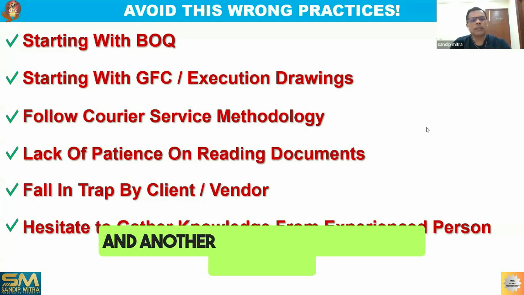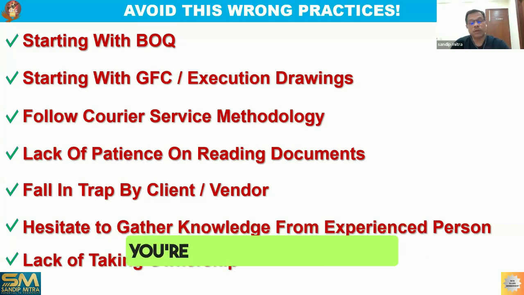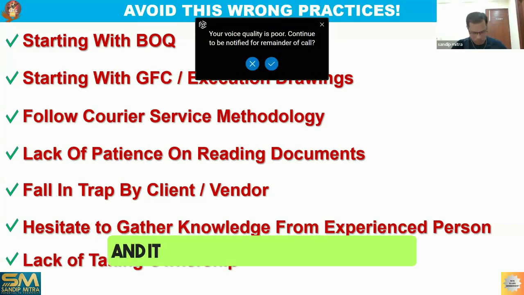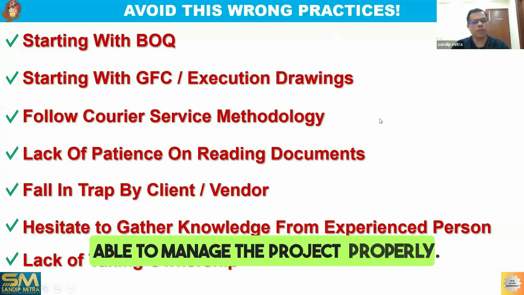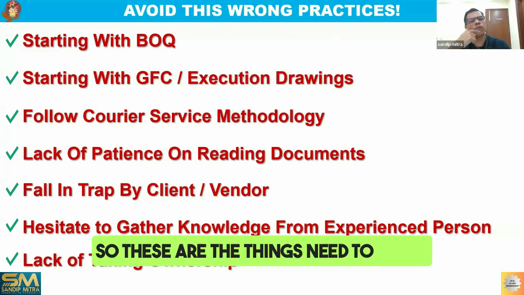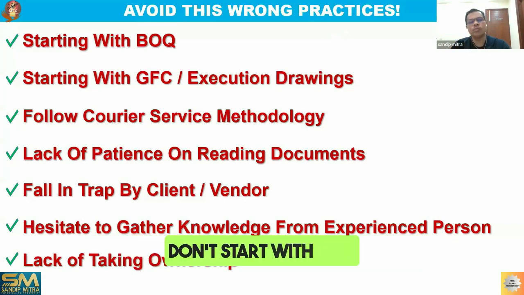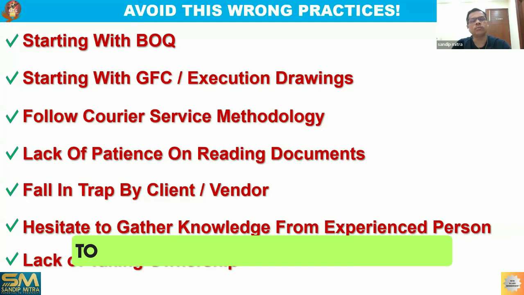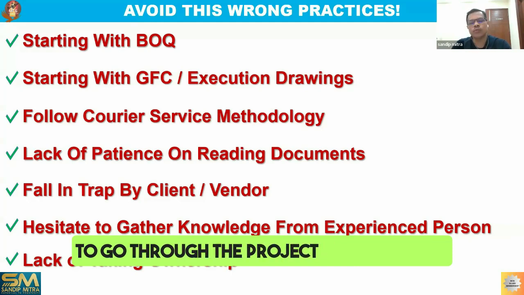And another thing to avoid is lack of taking ownership. You're not taking ownership, you're not taking responsibility, and sometimes you are not able to manage the project properly. So these are the things to avoid. Don't start with the BOQ first. I will tell you the sequence of how to go through the project from day one.